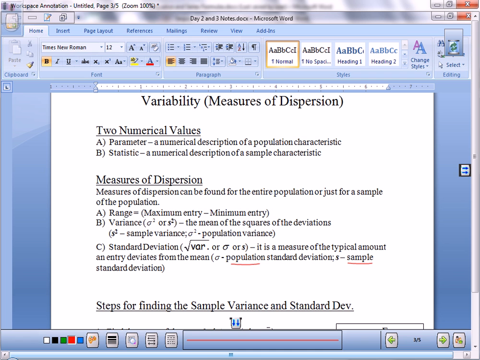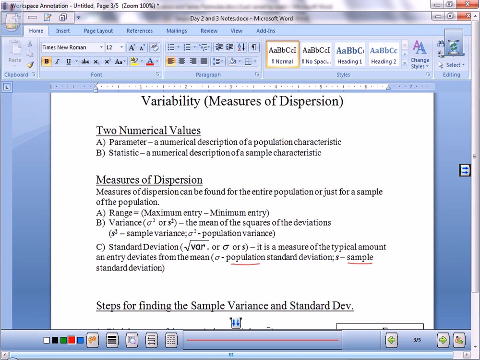Now, standard deviation, this is our big one. It's just the square root of the variance. We're going to use sigma for the population and s for a sample. It's a measure of the typical amount that an entry deviates from the mean. How far away would a typical entry deviate from the mean?